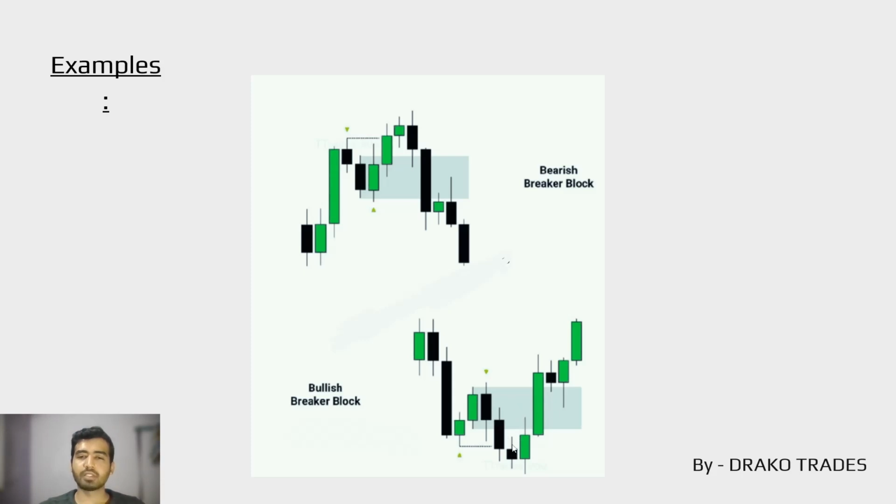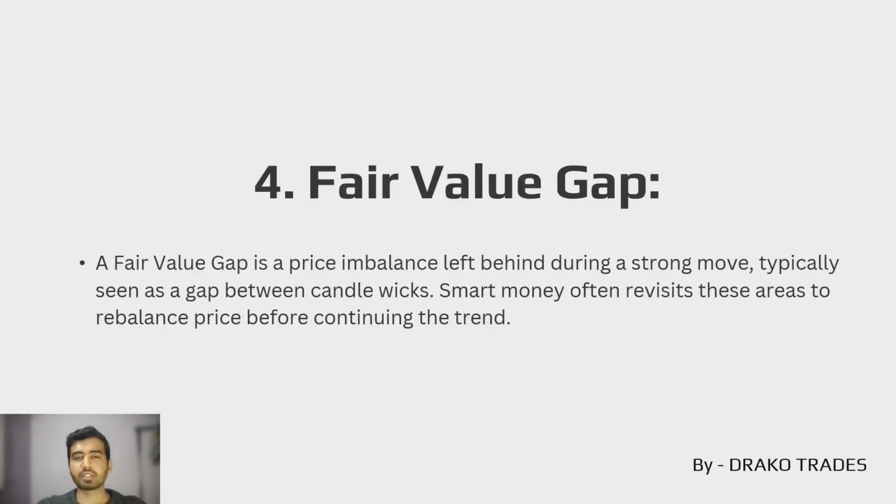As you can see, the price didn't reach up to this block, but it gave reaction to this breaker block. So it is very likely that if the price gives reaction to the breaker block, then it won't reach up to the order block. So this is how you identify a breaker block. Price often gives reaction to the breaker block if there is no reaction up to the order block.